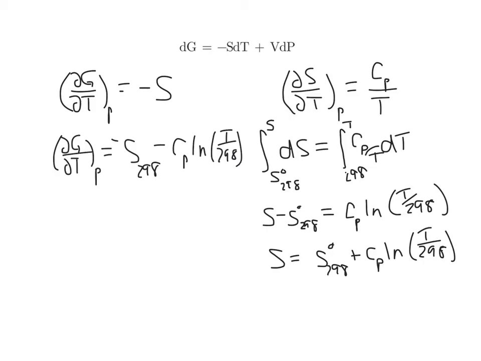And so then I just need to separate variables and integrate. So dG is equal to minus S at 298 plus the heat capacity times the natural log of T over 298 dT.